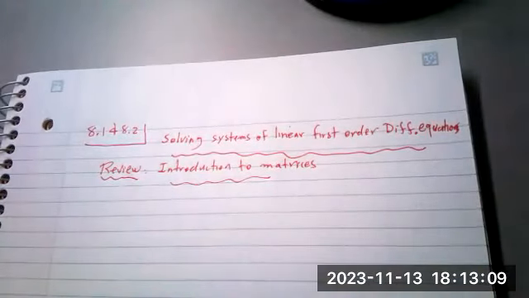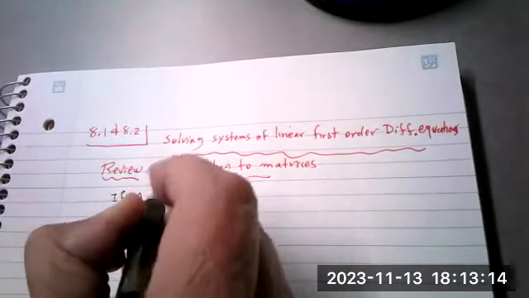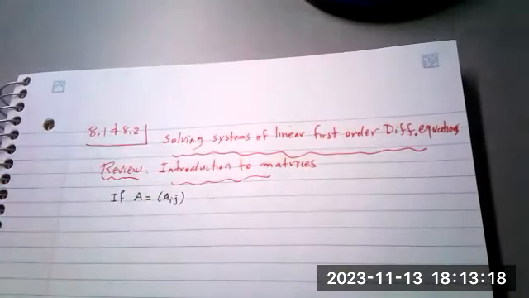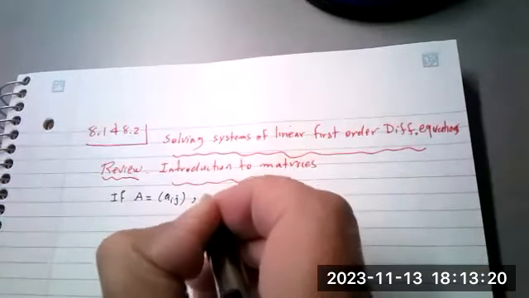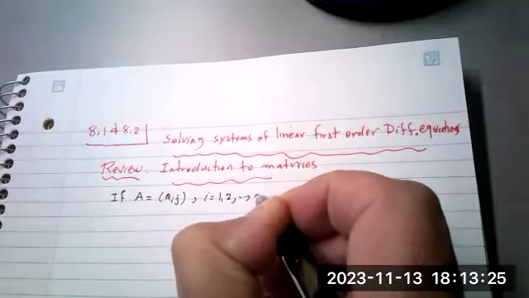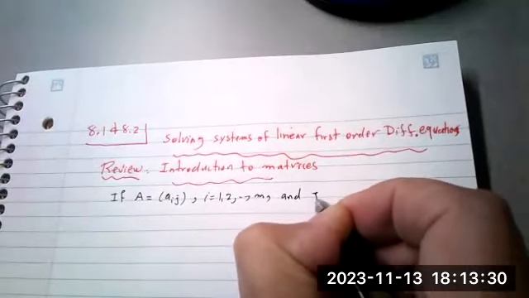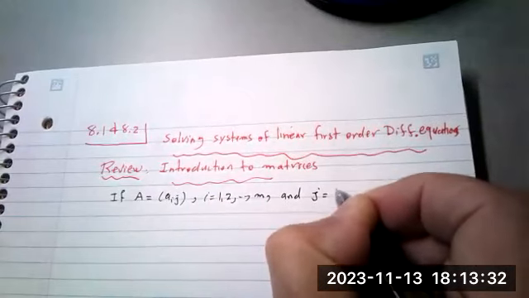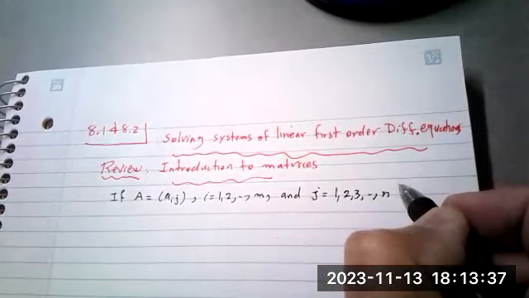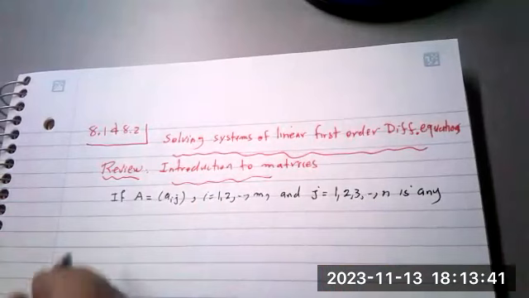You know the notation of a matrix. If A is equal to Aij, the entries of a matrix, for i, it's going to be just 1 and 2, but I write the general form: i equal to 1, 2, 3 up to m, and j equal to 1, 2, 3 up to n.